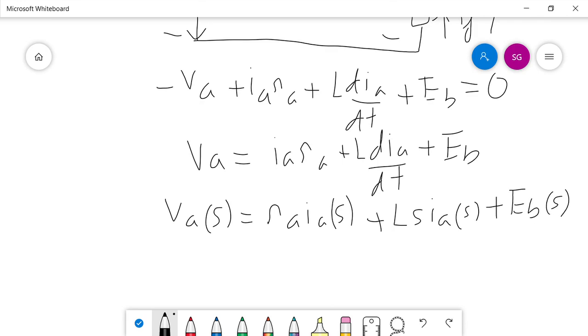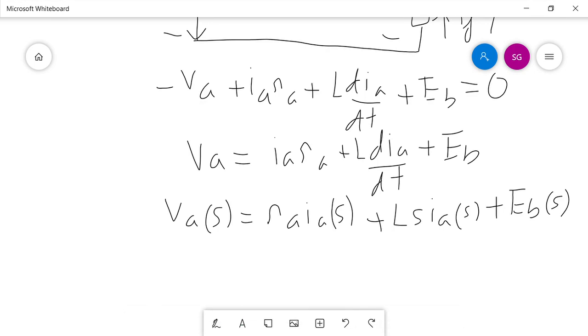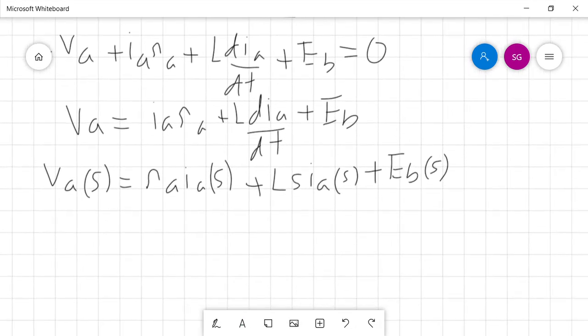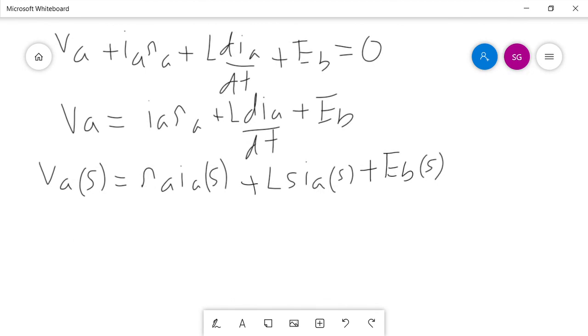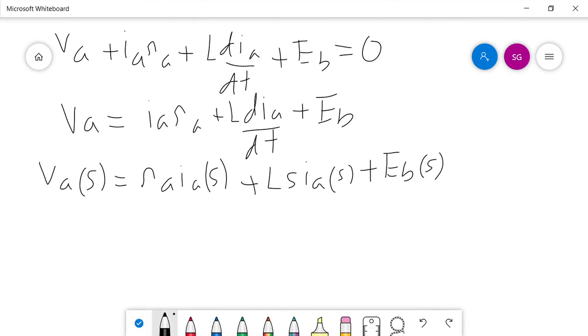So from here, this is the first electrical dynamic equation. So this will be first.